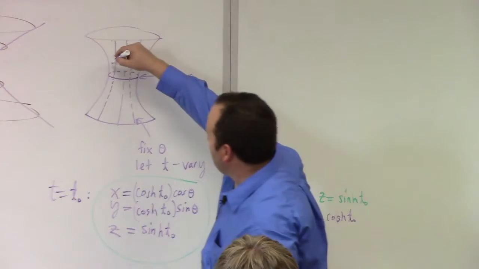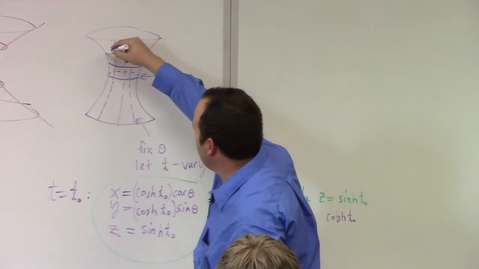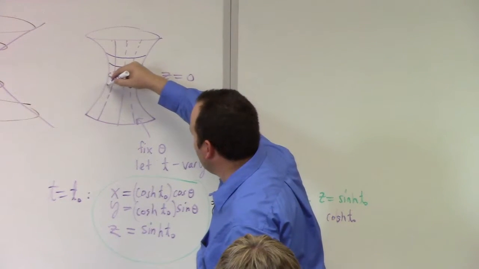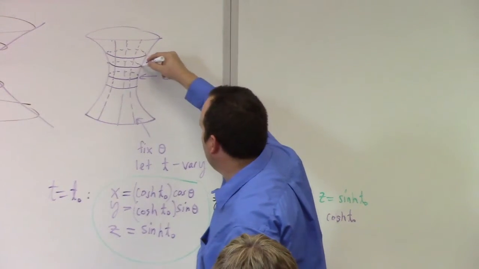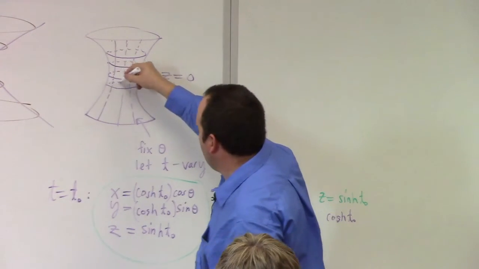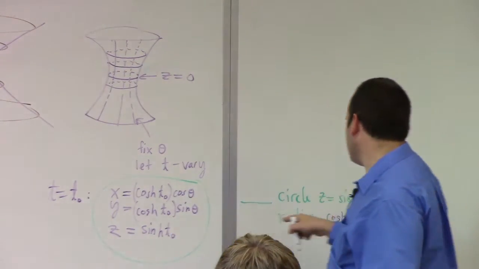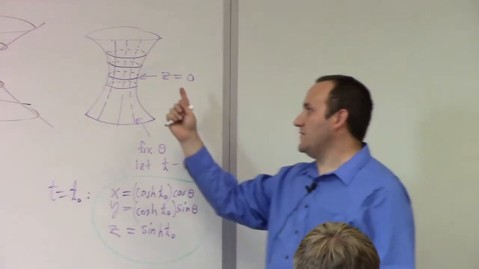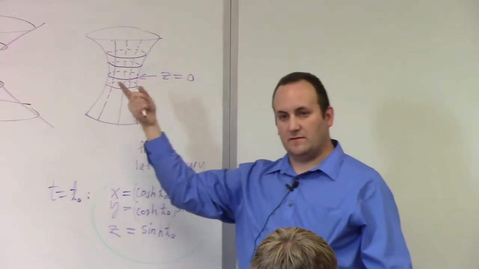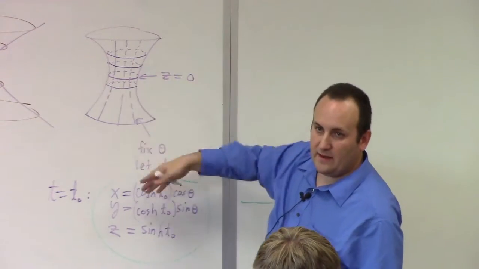So basically, these circles that wrap around here like this, I can't draw them very well, but those are where the t is fixed and theta varies. As theta varies, you travel around these circles, right? As t varies, you go up and down these hyperbolas.